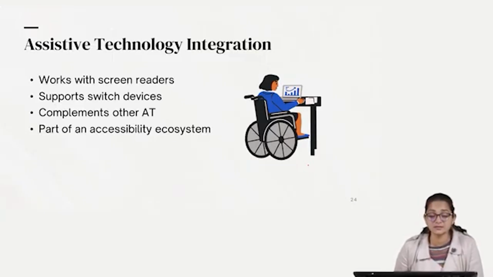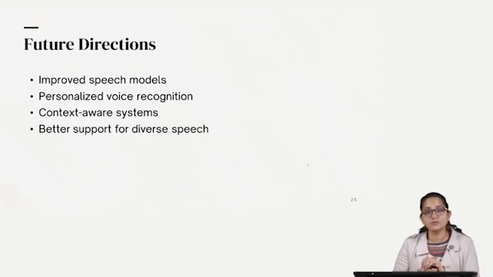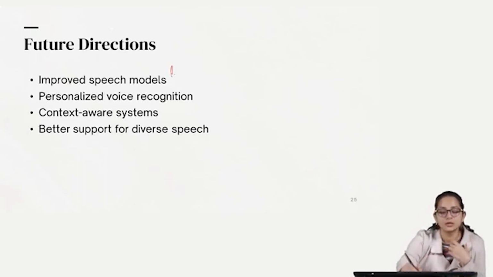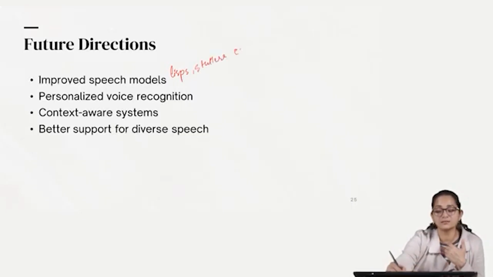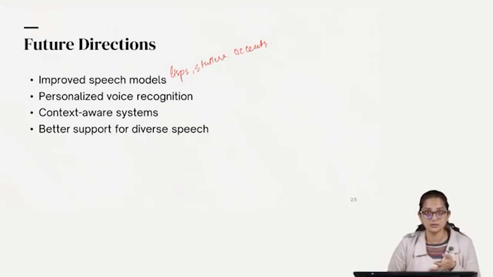It allows for switching devices. It should be able to complement other assistive technologies and should be a part of the assistive technology ecosystem. In future, of course, there are still a lot of gaps that need to be worked upon. First is definitely that the speech models need to be improved in order to capture other aspects of speech impairment itself, like lisps and stutters and accents, etc. Then there is personalized voice recognition training.